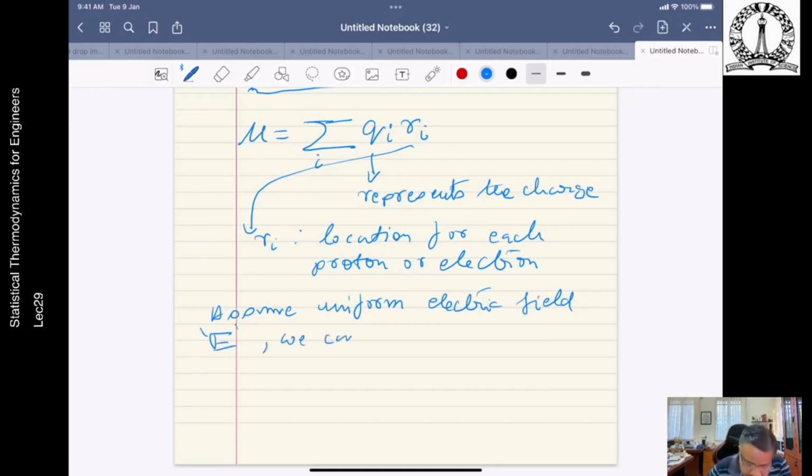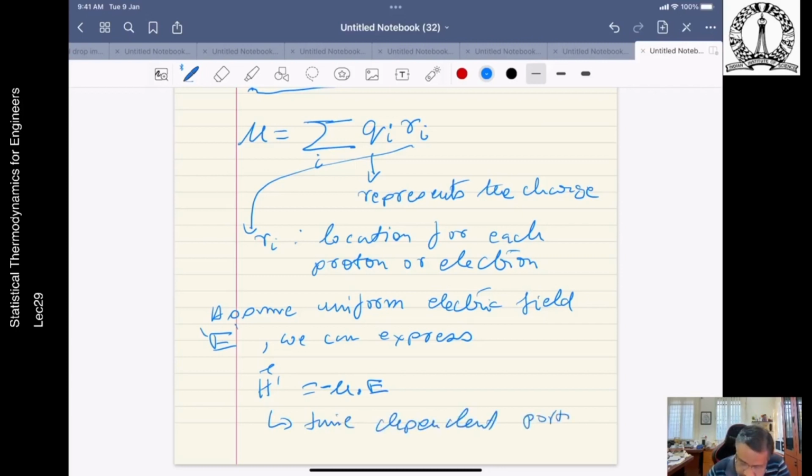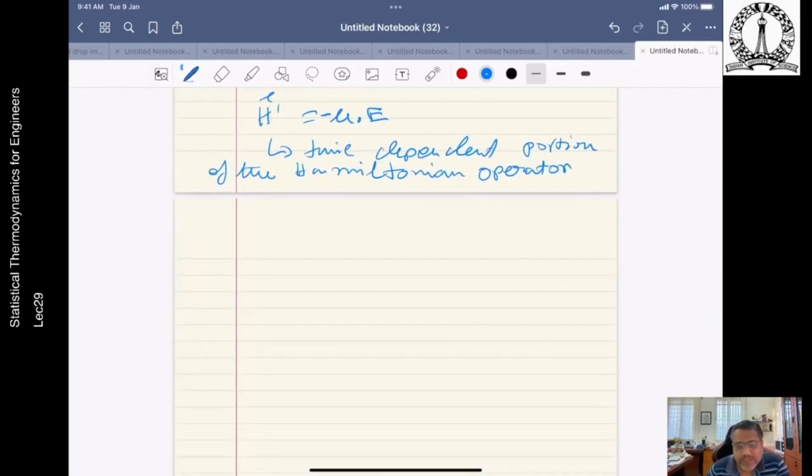we can express the perturbed Hamiltonian, or the time-dependent portion of the Hamiltonian operator, H prime, equal to minus mu dot E. So this is once again the time-dependent portion of the Hamiltonian operator. All right.